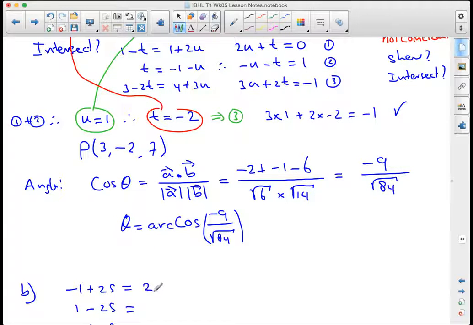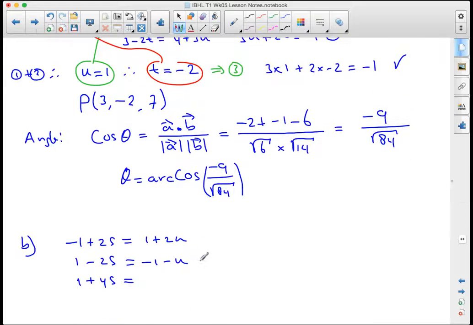Sorry, line 3 is 1 plus 2u, -1 take u, and 4 plus 3u. Let me clean this up a little.